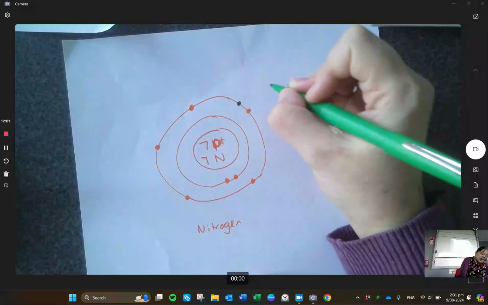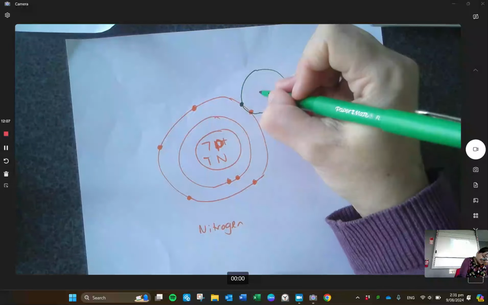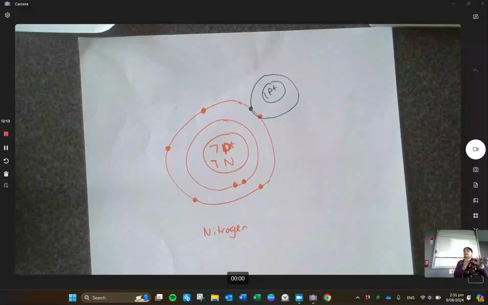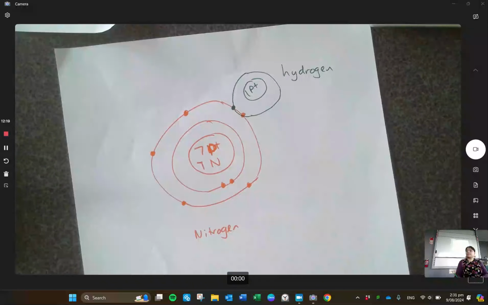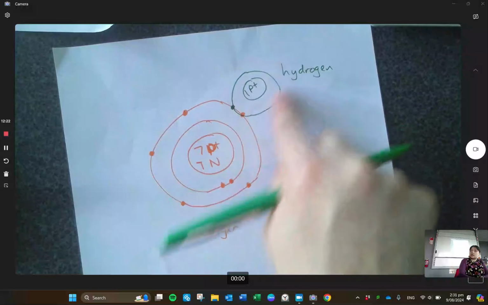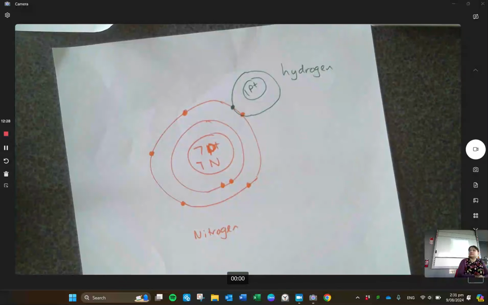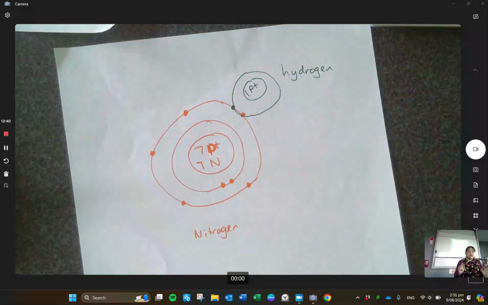So say, for example, I have a hydrogen atom that comes by, like that. And it's sharing its electrons with nitrogen. So here's my hydrogen. Now, hydrogen has its 2 electrons because it's sharing it, and then nitrogen also takes in its hydrogen. So you see how nitrogen has gotten another electron and hydrogen has gotten another electron, but they haven't actually given one away or taken one from each other.